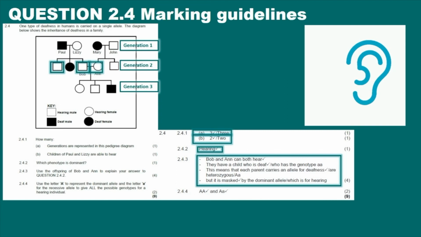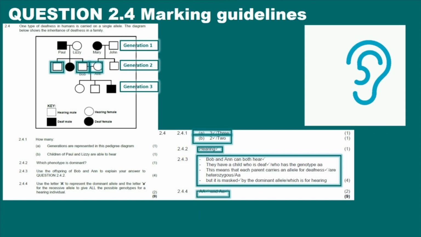Then question 2.4.4. They say use the letter capital A to represent the dominant allele, and then the letter lowercase a for the recessive allele, to give all the possible genotypes for a hearing individual. So all you need to do is write down the genotypes for people that will be able to hear.